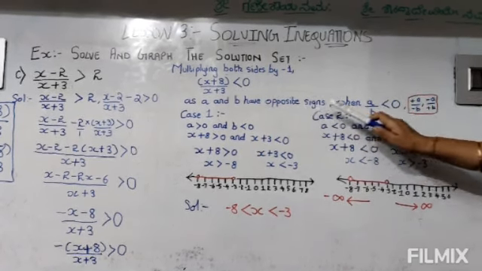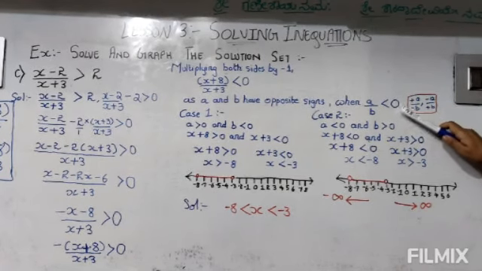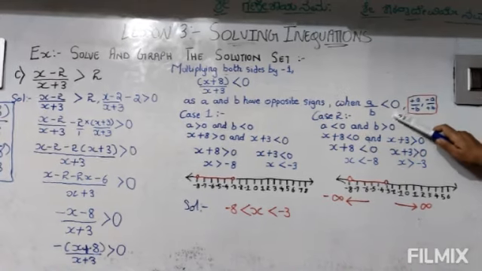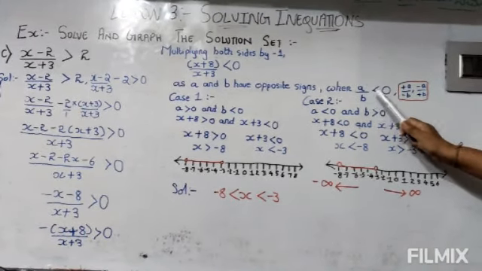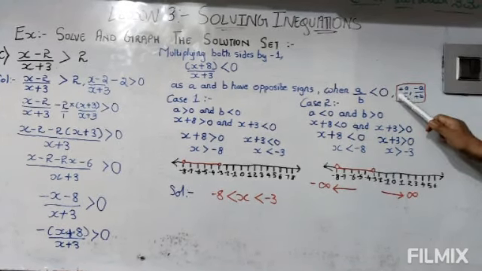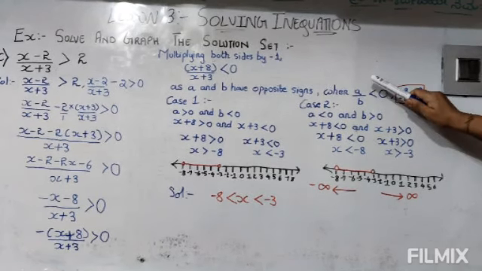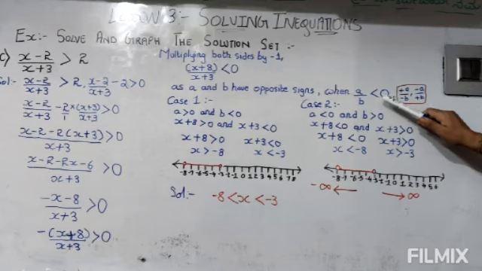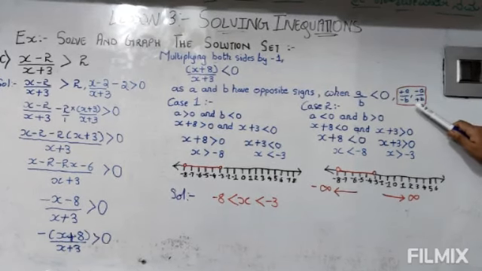If both have opposite signs, A by B should be less than 0. We know that A by B less than 0 happens only when either A or B is negative. Understood?